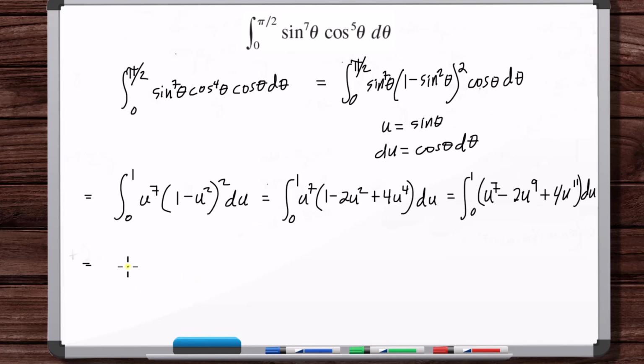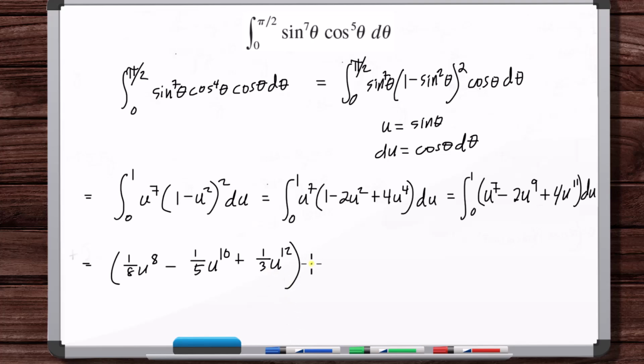So, okay, we've got 1/8 u to the 8th minus, so 1/10 u to the 10th times 2, so it'd be 1/5 u to the 10th, is that right? Bring down the 10, you get 2, yep. Okay, and then 1/12 u to the 12th, and then times 4, 1/3 u to the 12th, is that right?